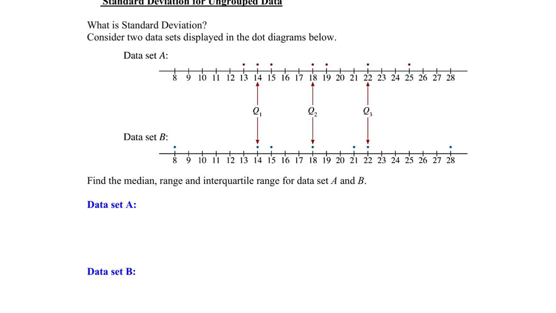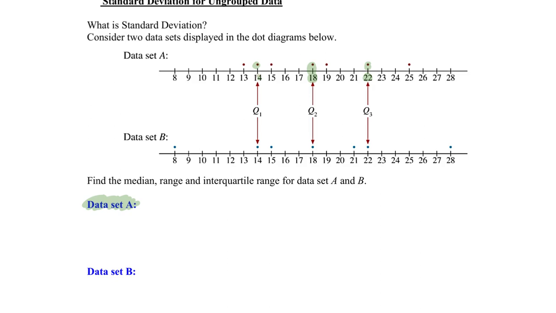So for data set A, the median is actually 18 because it is the middle value of the 7 data values there. For the range and the interquartile range, we find the upper quartile and lower quartile.